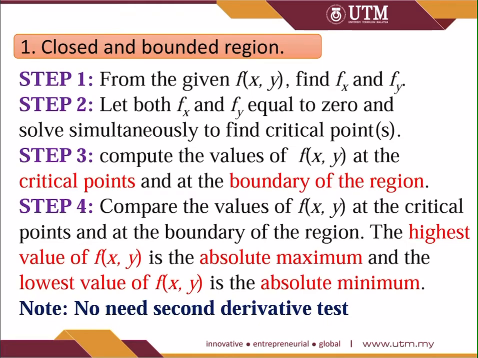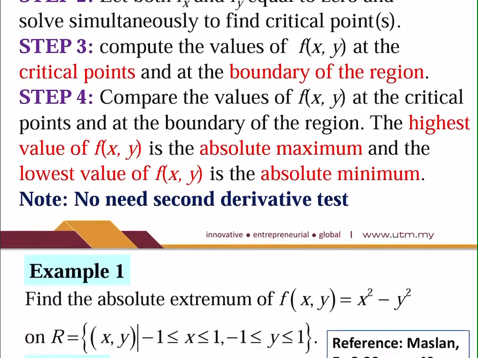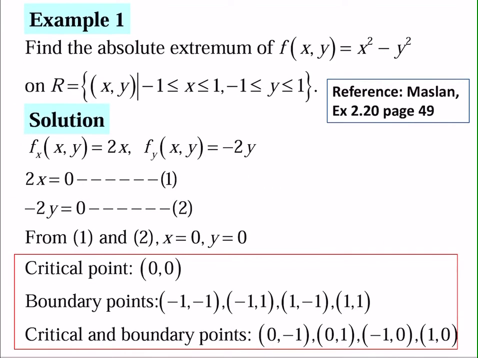Okay, so we will look at an example. In example 1, we need to find the absolute extrema of f(x,y) equal to x squared minus y squared on the region where x is from minus 1 to 1 and y is from minus 1 to 1.